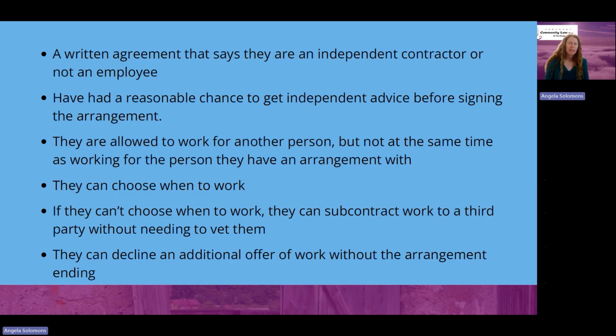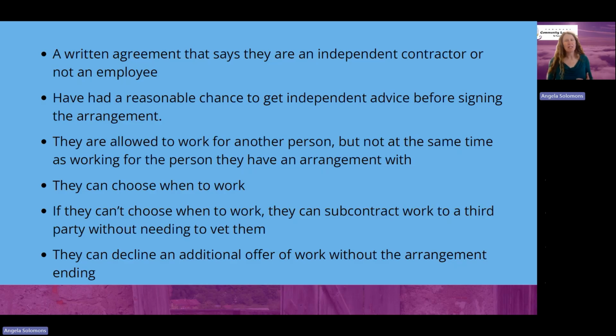Now, this law came in February, and there are not cases yet. There's one which references it, but only one. So we can't be sure exactly how these criteria will be applied. On the face of it, it's actually quite tough, right?